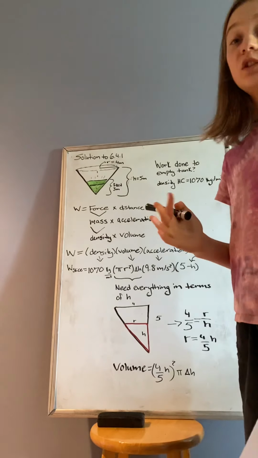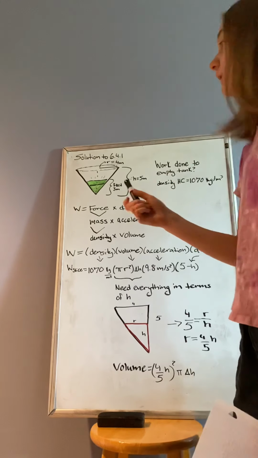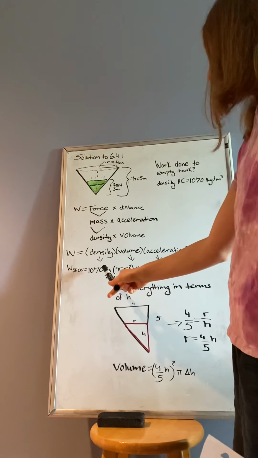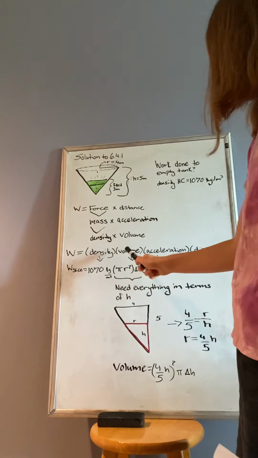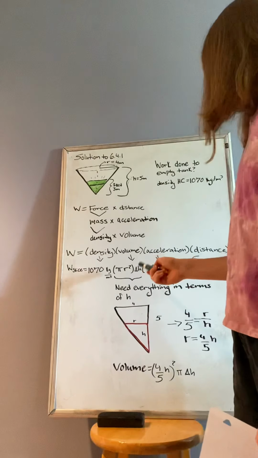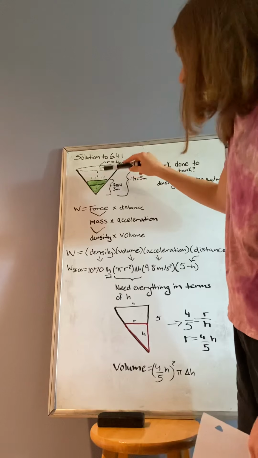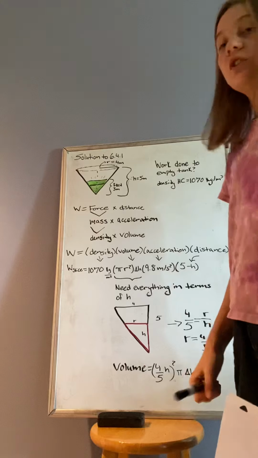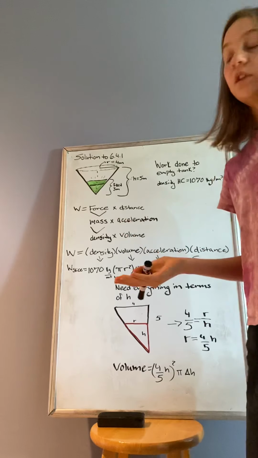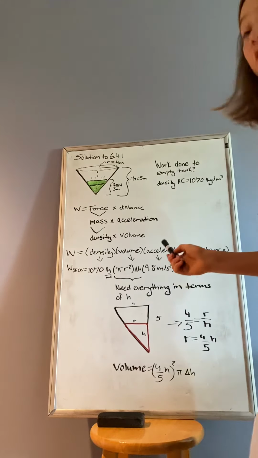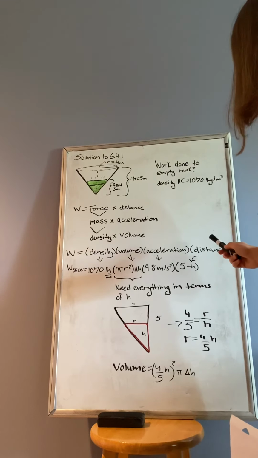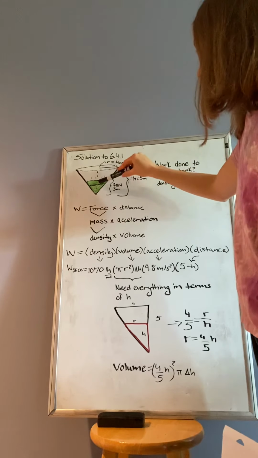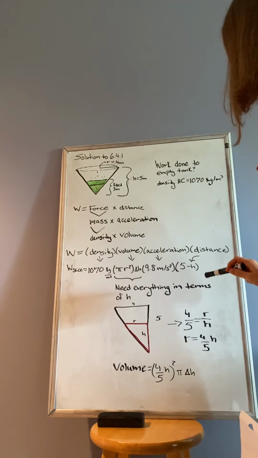So if we wanted to calculate the work done to empty out just one representative slice, we would do 1,070 kilograms per meter cubed times the volume, which is just pi r squared, times the tiny change in height, which is just delta h. And then our acceleration is just acceleration due to gravity, which on Earth is 9.8 meters per second squared. And our distance is just going to be 5, which is the total height, minus whatever our height is. So it's just 5 minus h.